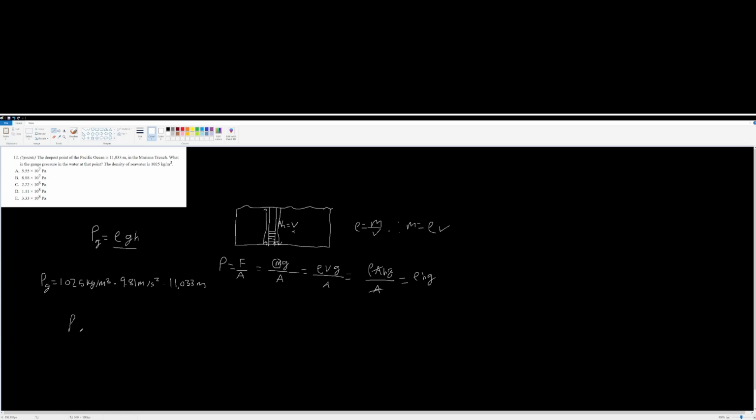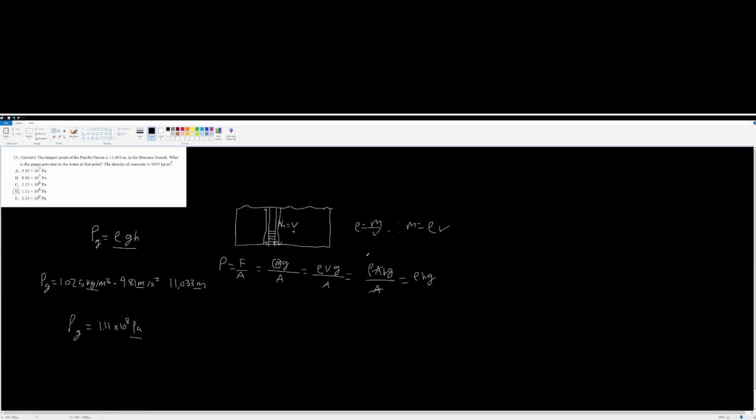And when I do this, my final answer that I get is 1.11 times 10 to the 8th pascals. We have kilograms base unit, meters base unit, meters base unit, so this is just in pascals. And our answer choices here are in pascals, and the one that corresponds is letter D. So that's number 12.